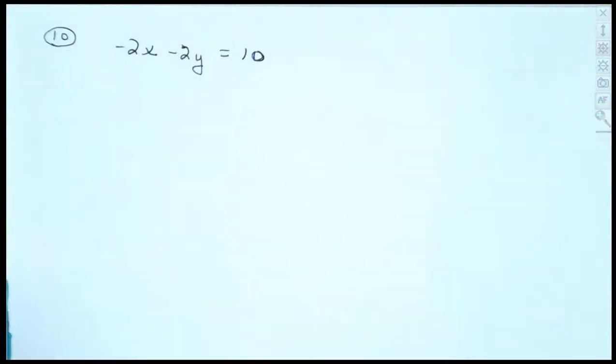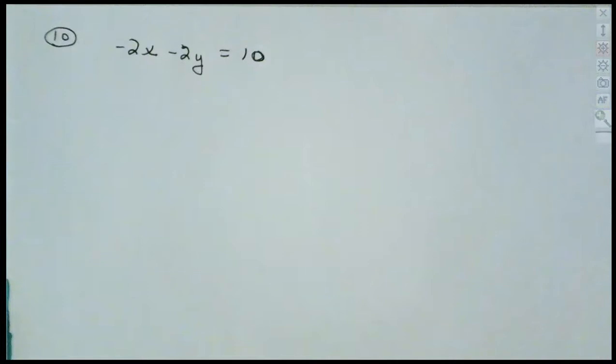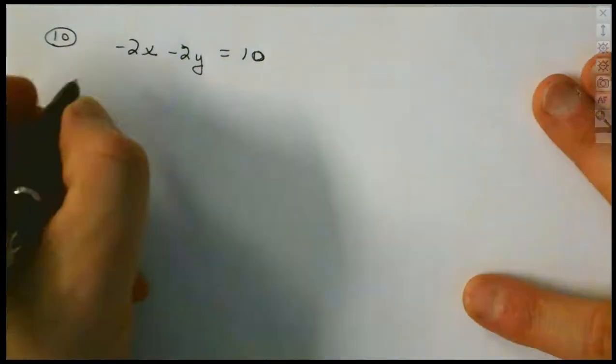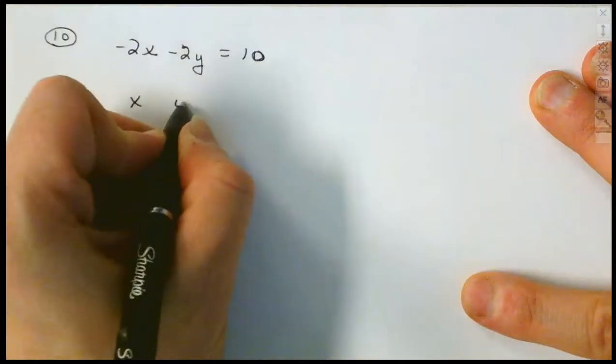We're not going to have to graph this one. Okay, so it says find the intercepts for the graph of the equation. So all we have to do is find our intercepts. Okay, and we've done this before. When we want to find our intercepts, what do we do? We create our table. And this is going to be our intercept table with the zeros in it.